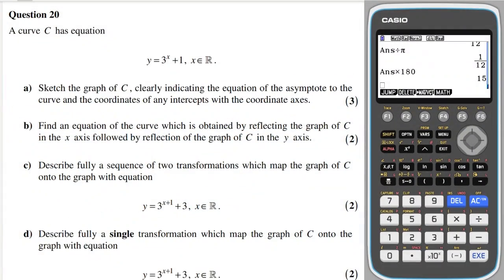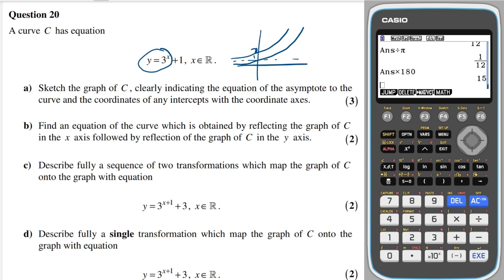Okay, graph transformations. Part A: sketch the graph of C, clearly indicating the equation of the asymptote to the curve and the coordinates of any intercept. Well, any exponential function like this is just a line like that going through 1. So adding 1 to it is going to shift it up, which means the asymptote is going to be at 1 and it's going to go through at 2.